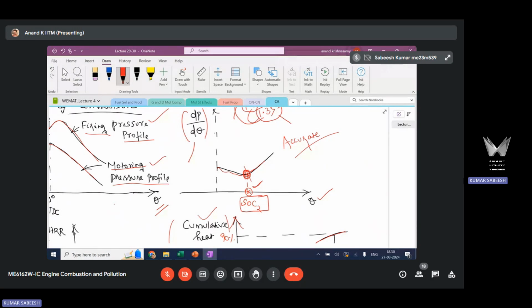When the pressure derivative is changing from negative to positive, it is ensured that at that particular instant the combustion is stabilized and it is growing from there. Whereas for other criteria, like heat release and those things, how accurately heat release can be captured, I'm not sure about that, sir. That's why I picked this option.